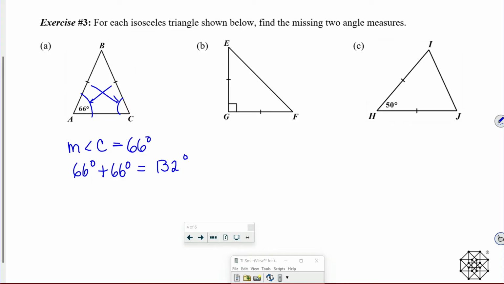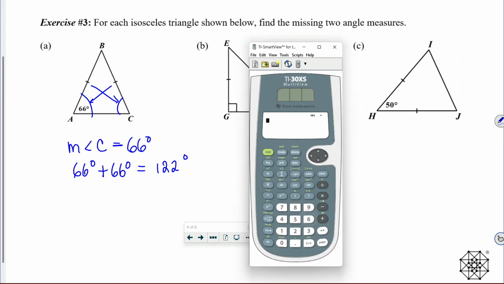132 degrees. I was right to begin with. Now I can subtract that off from 180.